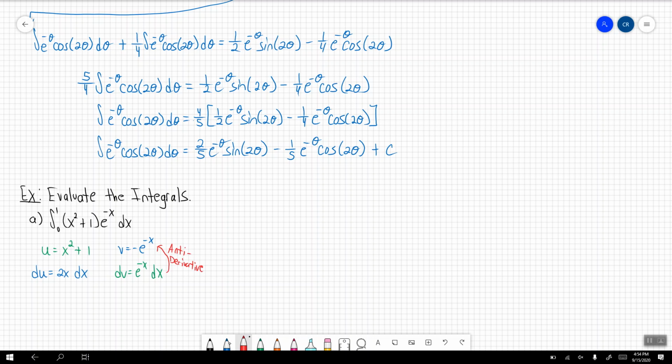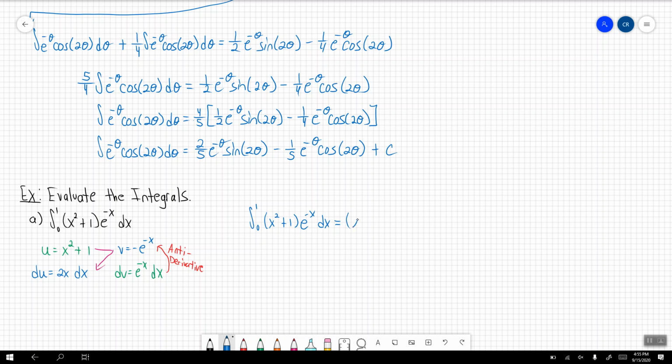Great. So what I have now is the integral from 0 to 1 of x squared plus 1 times e to the power of negative x dx. I'm going to take my u times v.